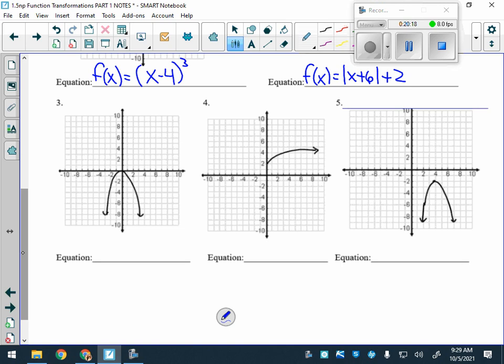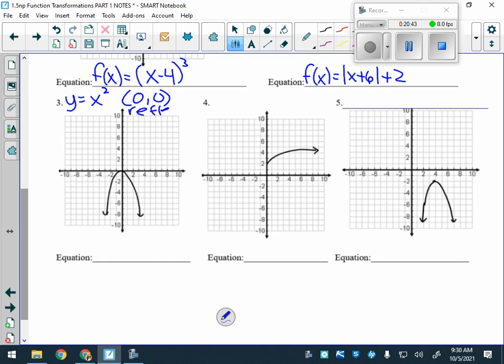Now number 3. What is our parent function? Good. Y equals x squared. So this is the same thing. Okay. Using the vertex, what is my vertex? 0, 0. But what's happening here?